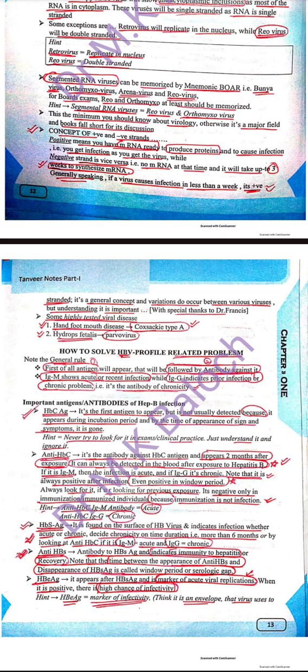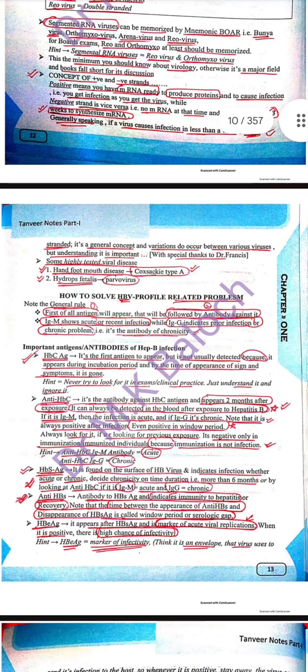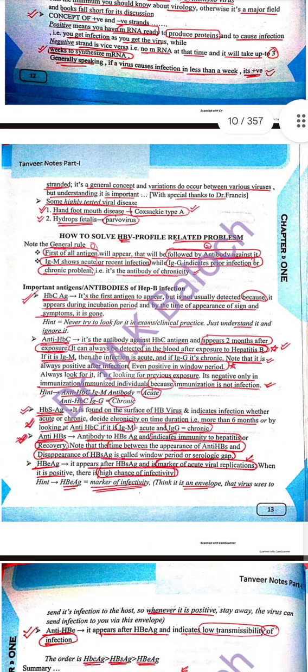So the antibody of chronicity is IgG antibody. And now the important antigens and antibodies of hepatitis B infection.